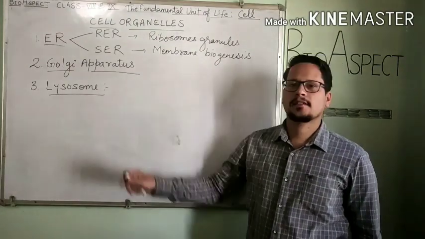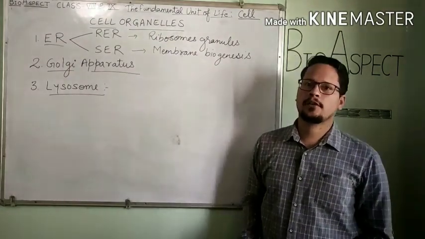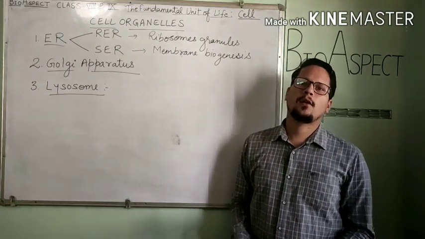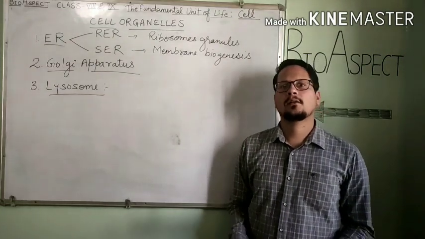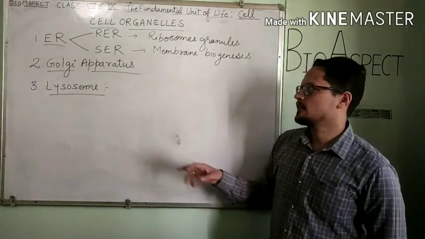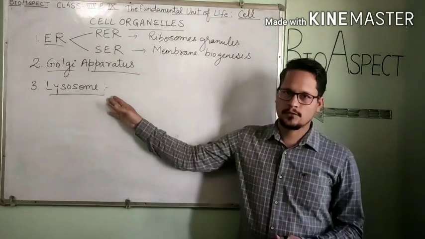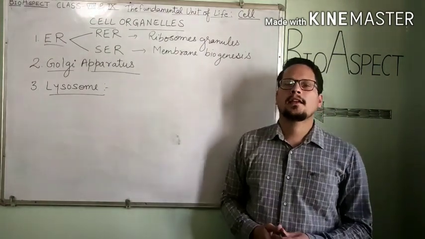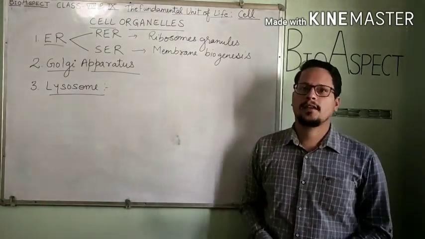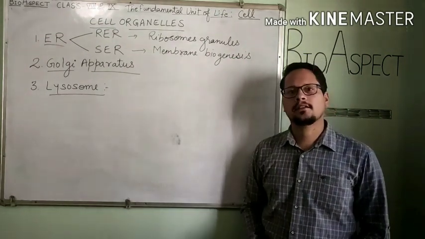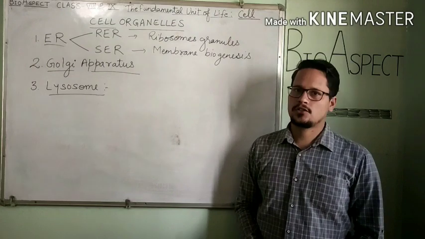Number third is lysosome, which is very important because it is called waste disposal. Any foreign material, any foreign particle which enters the cell is digested by lysosome. Also, when the cell dies, or worn out cell parts are cleaned by lysosome because it contains several digestive juices.